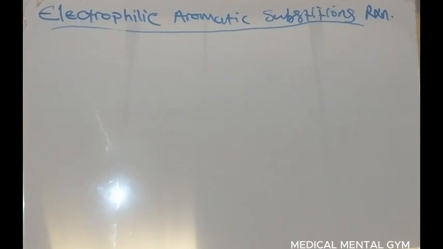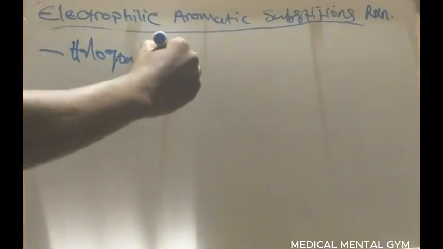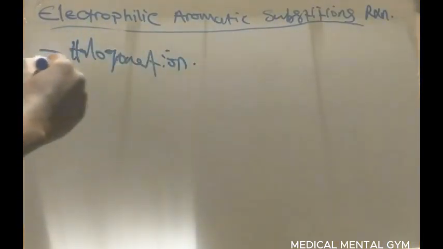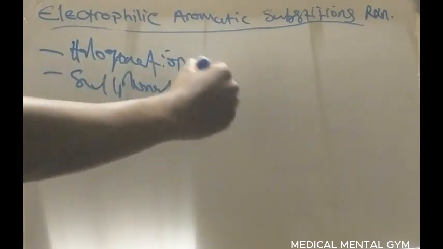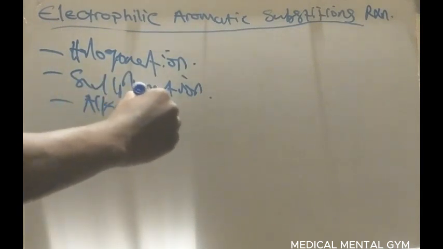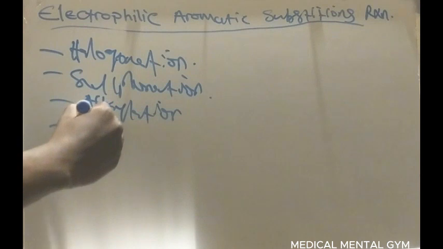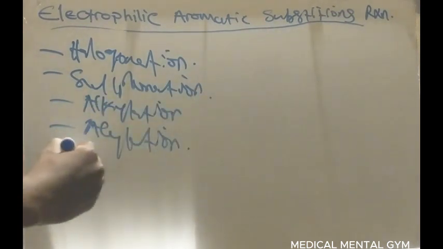Good evening. Today we look at electrophilic aromatic substitution reactions, and of these we'll tackle the following: halogenation, sulfonation, alkylation, acylation, and nitration.